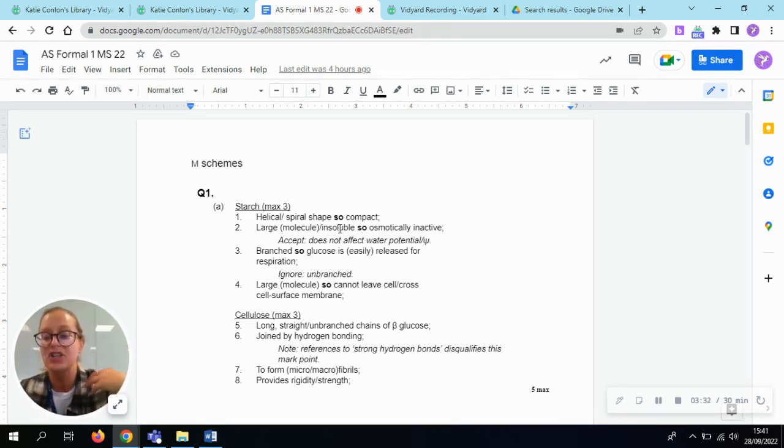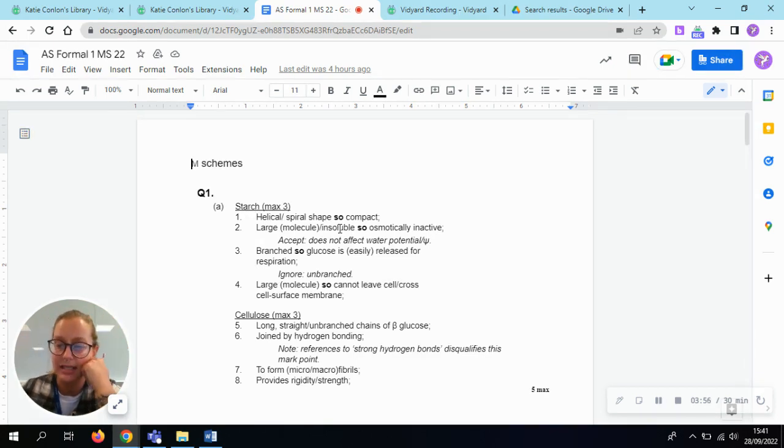Now, because it is an energy storage molecule, you need to say what that energy is going to be used for. Amylopectin is a branched structure, so glucose is easily released. And that glucose is going to be released for respiration to be carried out.